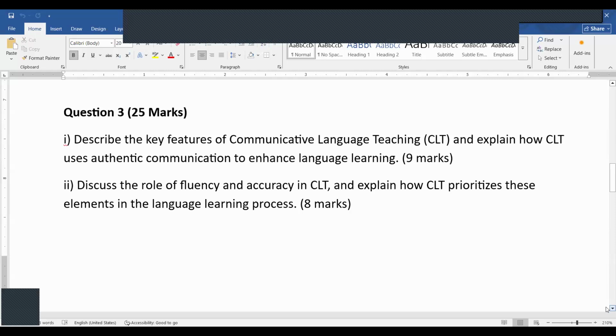Accuracy is focused on more in other methods like the grammar translation method, but CLT, communicative language teaching, focuses more on fluency. Priority should be given to the fluency of the language. Rather than focusing more on grammar, the focus is on communication.